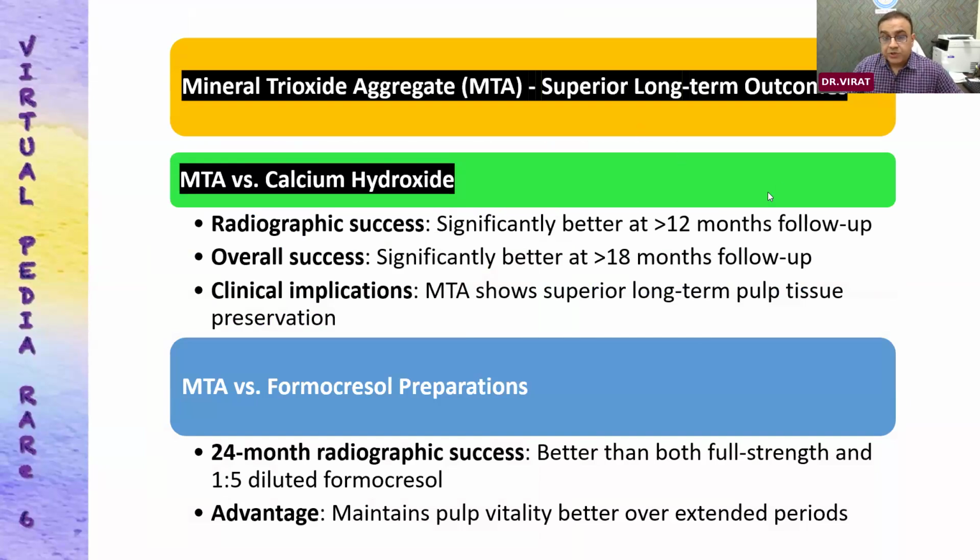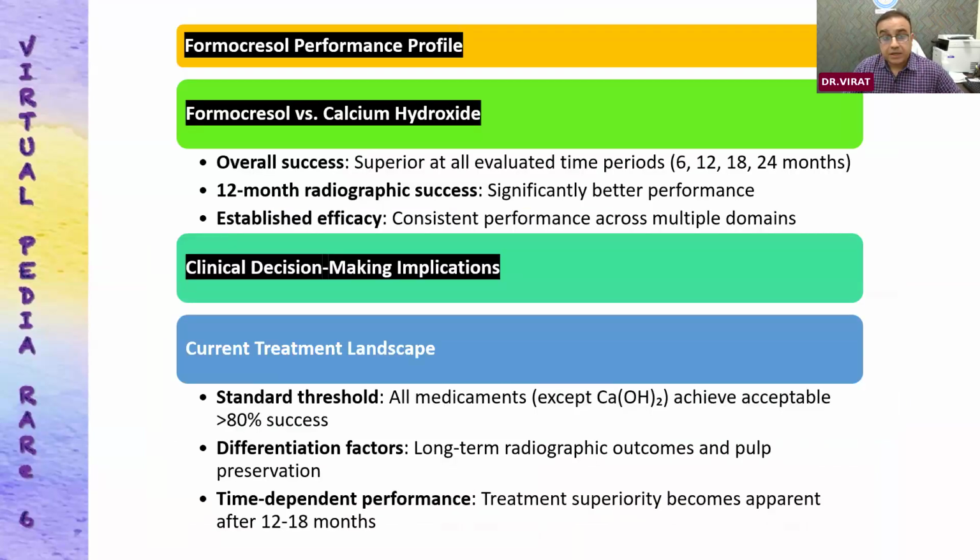MTA was found to be superior to calcium hydroxide and formocresol over a longer period of time, that is, greater than 18 months follow-up. When compared to formocresol, all the medicaments except calcium hydroxide achieved acceptable success rates of greater than 80%. Comparative factors which need to be evaluated to determine success are the long-term radiographic outcomes and pulp preservation.